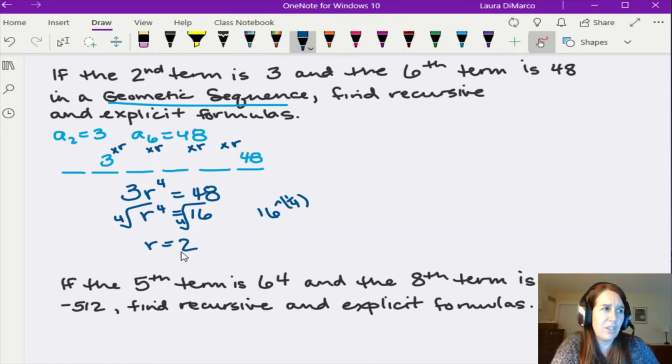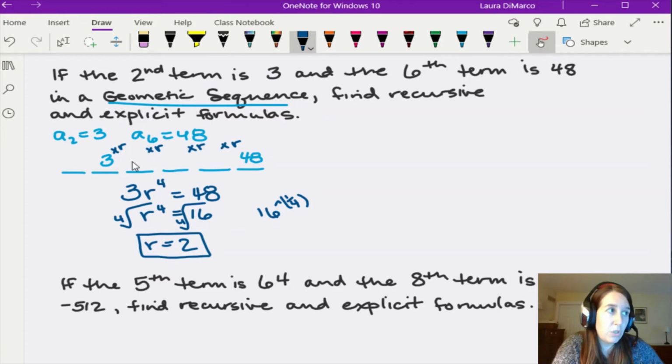Usually, these r's will be reasonably easy to find, so you'll probably just recognize them, but you know that 2 times 2 is 4, times 2 is 8, times 2 is 16. There it is. The fourth root of 16 is 2. And then, since we know r is 2, that means we actually know all these other terms now.